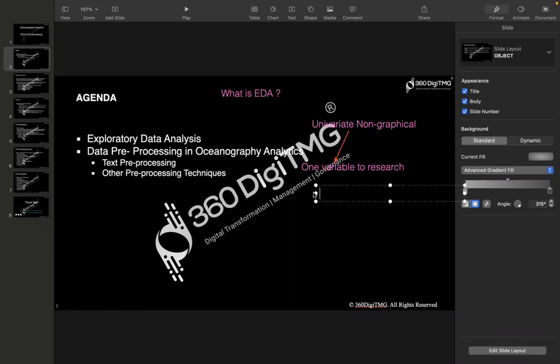So we have central tendency, then spread, then skewness and kurtosis.